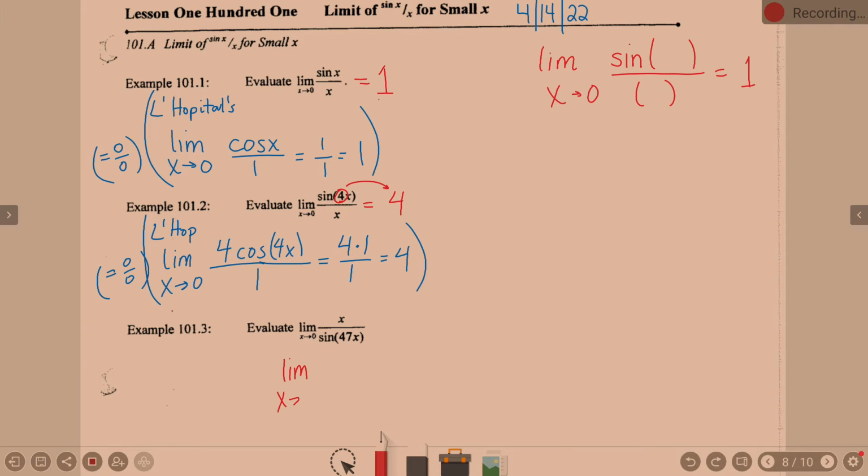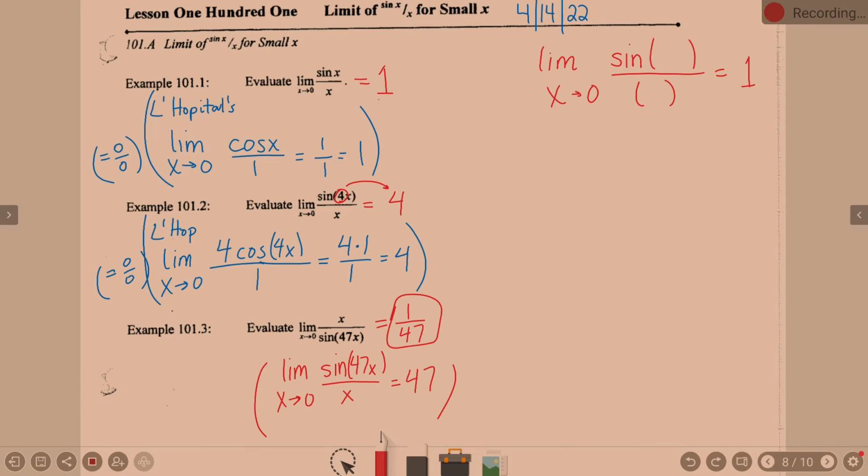But let's play the what if game. What if this was the limit of sine of 47x over x? It'd be 47, right? So the idea is if that's upside down, then it's going to be 1 over 47. Okay? L'Hopital's or a graph could prove that to you.